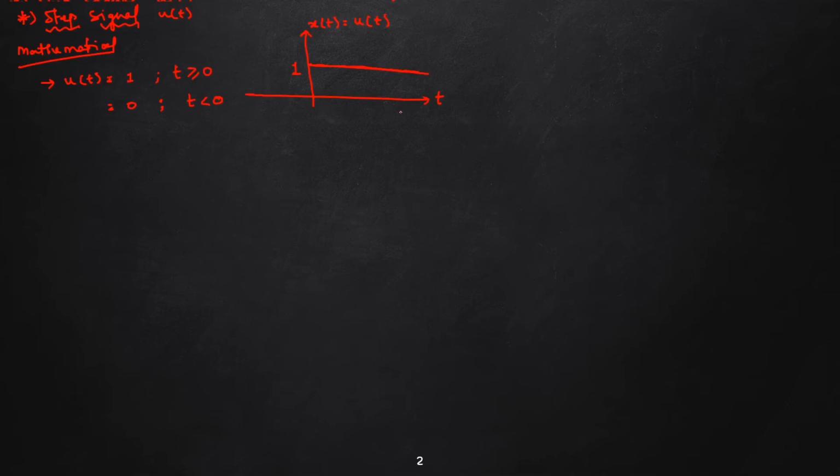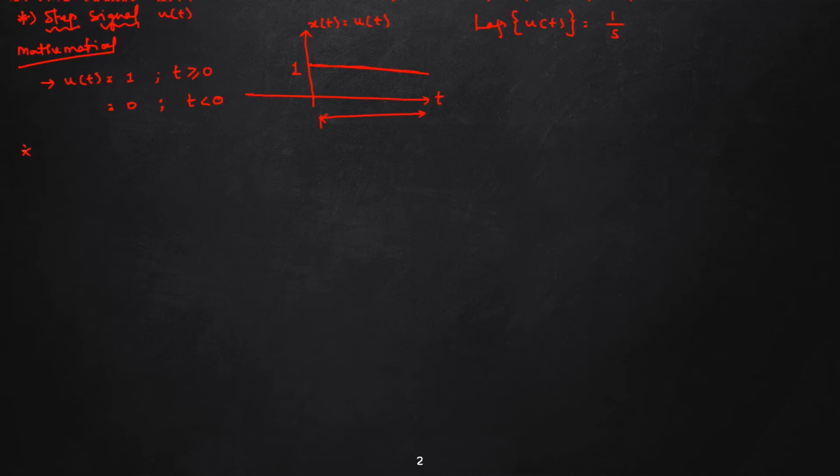Greater than 0 represents all the values after the 0, and when t is less than 0, its value tends to be 0. This is the graphical representation, and coming to the Laplace transform of u of t, it is 1 upon s. So these are the things we need to remember.